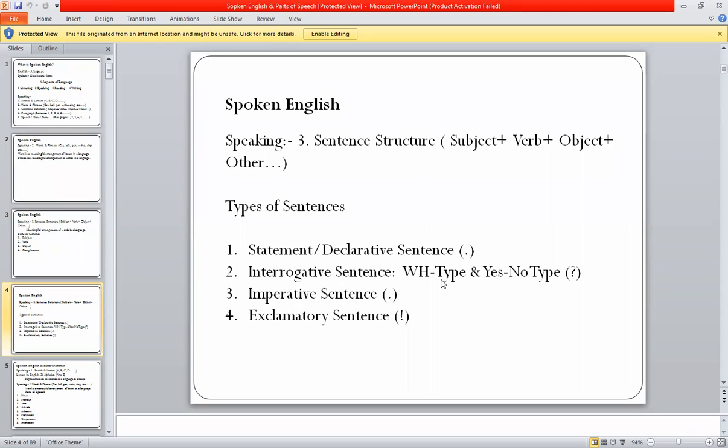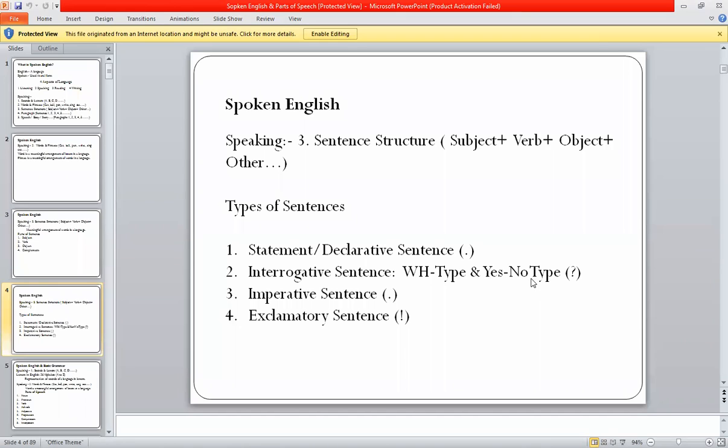Whatever the sentences that start with the WH type of words like what, which, whom, who, whose, these are called as the interrogative words or interrogative types of words. And when we start with how much, these are called as the yes no type of words.